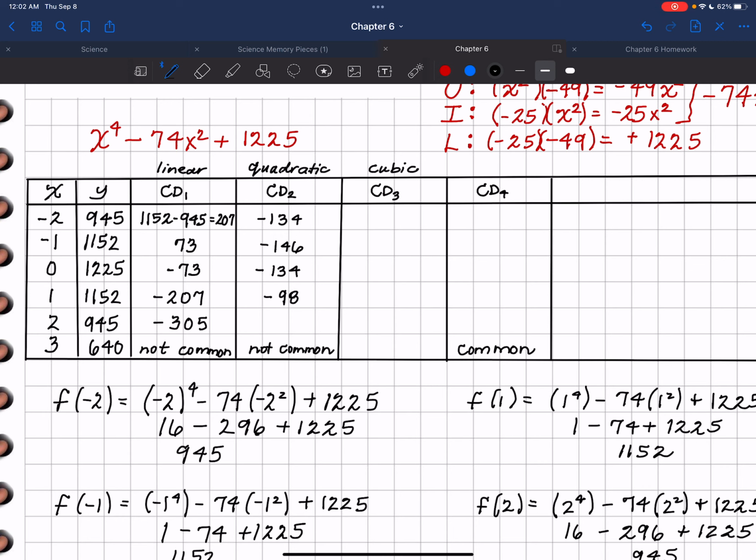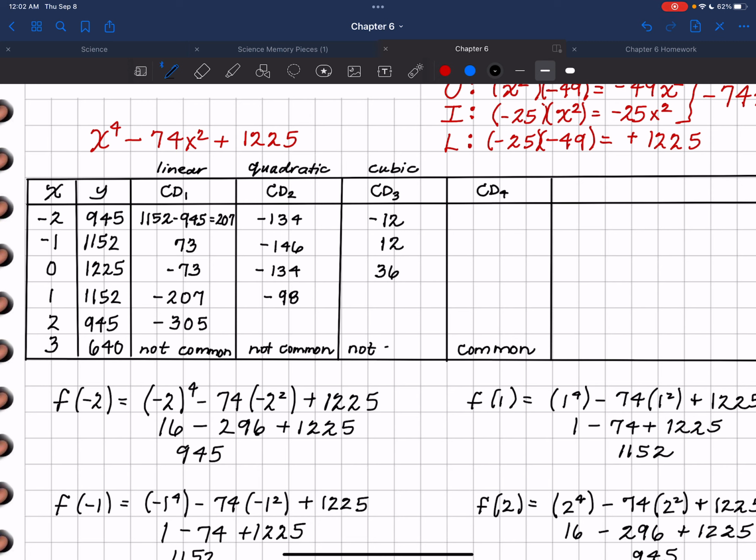Negative 146 minus negative 134 is negative 12. Negative 134 minus negative 146 is positive 12. Negative 98 minus negative 134 is positive 36.